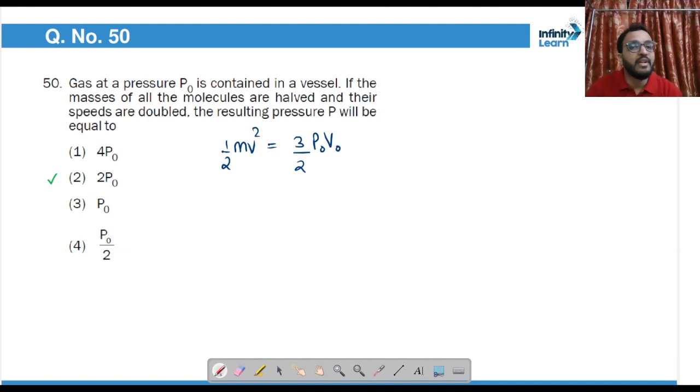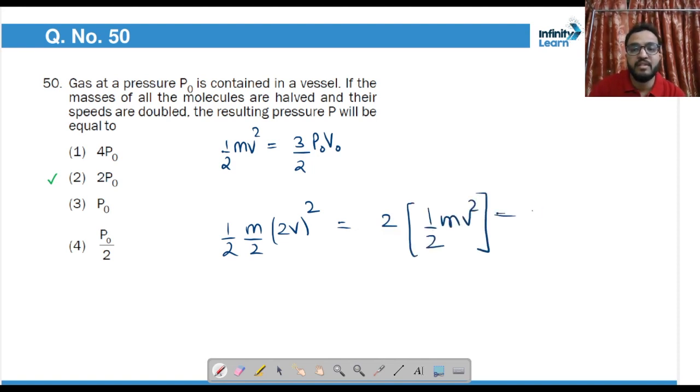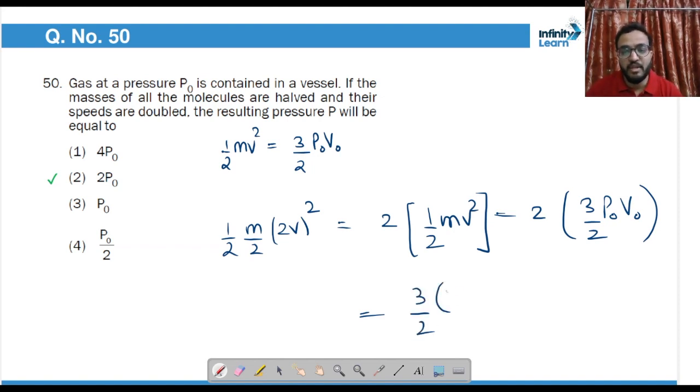Now if the mass is halved and speeds are doubled, volume remains constant, so this will be 2 times half mv square. That means 2 times 3 by 2 P naught V naught, which means the pressure is doubled, right?